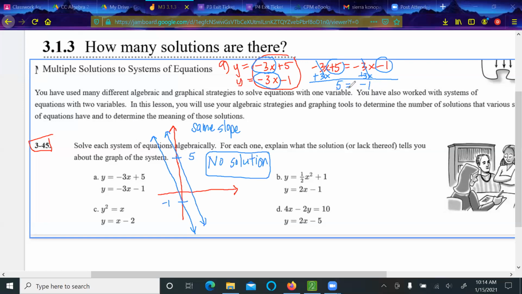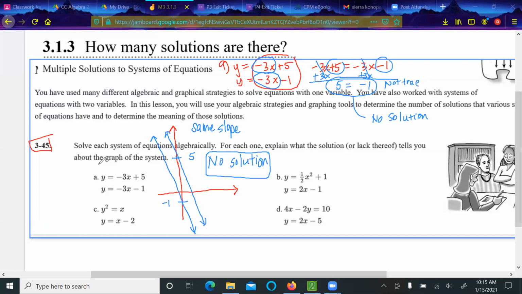And if I owe you $5 and you accept -$1, then great, but 5 does not equal -1. So this has no solution, right? This is what no solution looks like algebraically. You get two values that are not equal to each other, but it says they're equal, and that's not true. So we have no solution.